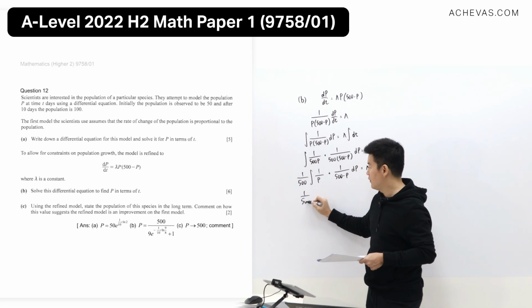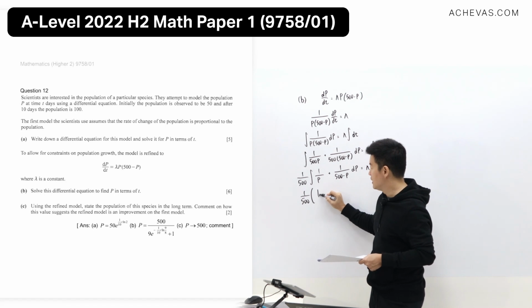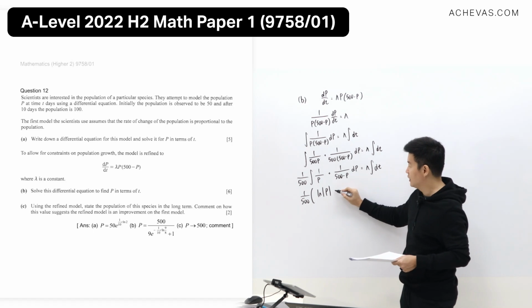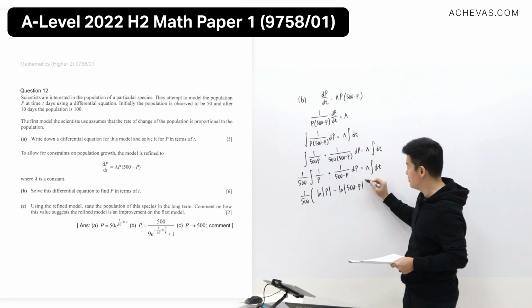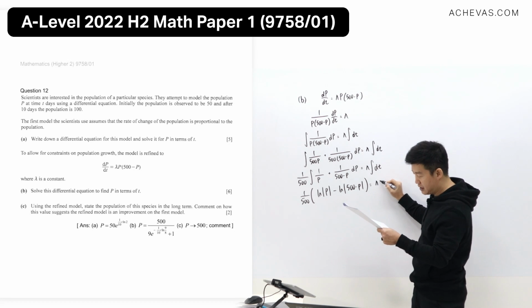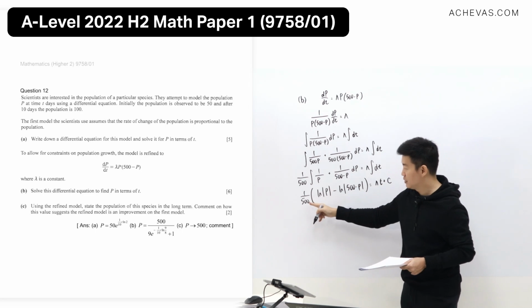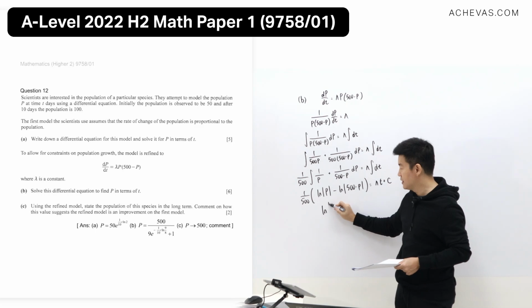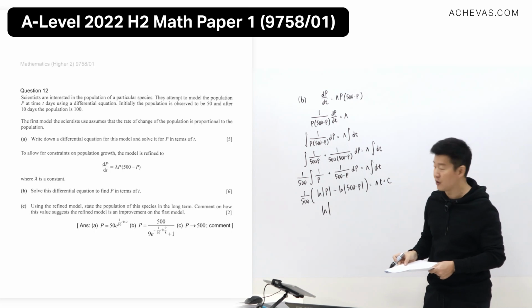So 1 over 500, we have it here. When I integrate this, it is going to be ln of modulus of p. Integrating the second term gives minus ln modulus of (500 minus p). This equals lambda t plus c. Let's multiply 500 across and combine it into one single expression using the law of logarithms.